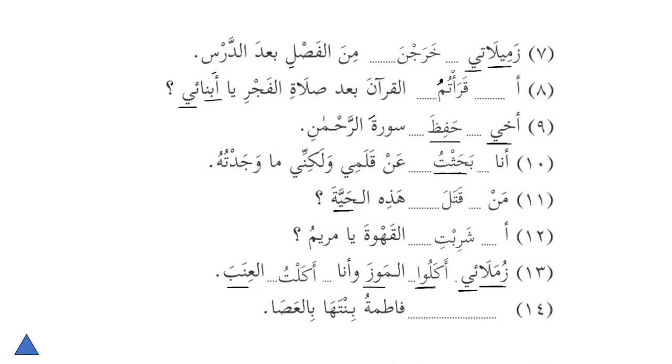As I mentioned earlier, if the doer or the mubtada is plural, then the verb must be plural. And the last one is Fatimatu bintaha bil asa. So darabat Fatimatu bintaha bil asa. Fatima hit her daughter with the stick.